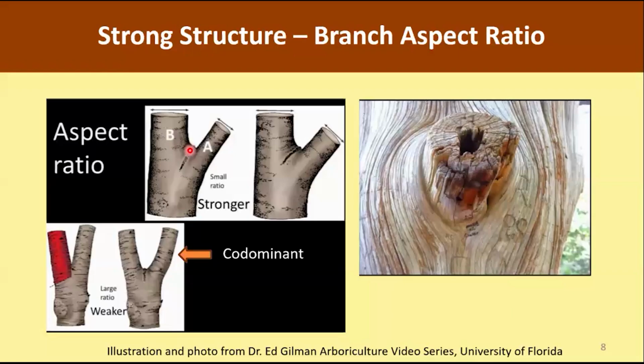Here we have a small, medium, and large aspect ratio, which gives us the strongest, less strong, and weakest connections. This example, where we have adjoining trunks of equal size, is called codominant, and this is the weakest connection that you want to avoid in your trees.